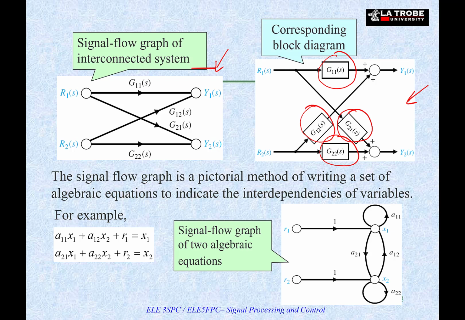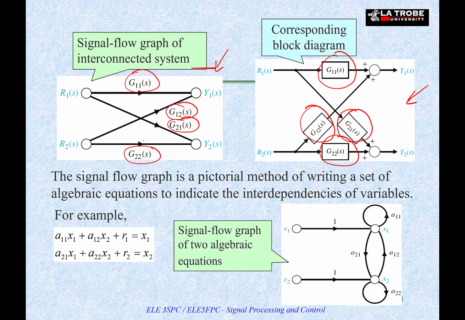By contrast, these transfer functions are illustrated either above or below a line segment in the signal flow graph. You don't see any blocks. But the input-output relationship, or the transfer function, represented by a signal flow graph or a block diagram, is exactly the same.